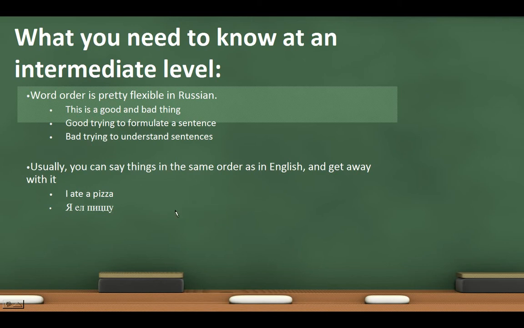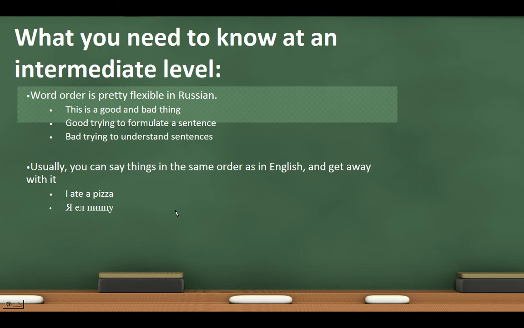Now what's kind of interesting in Russian, sometimes if you really want to emphasize a word in a sentence, you can place it at the end of a sentence. So for example, if you want to really emphasize that you're the one that ate the pizza, in this case I'm going to say that I want to emphasize myself.